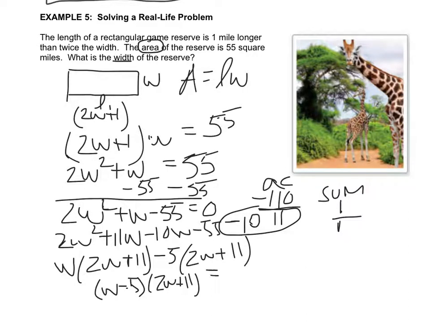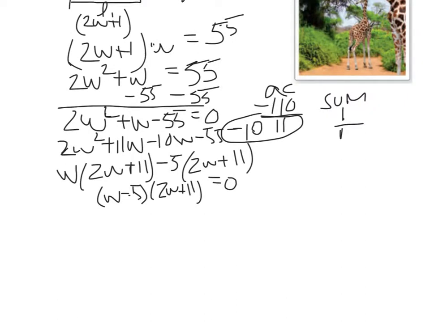So remember though, this all equals 0. So this is how we're going to be able to solve this. From here, using our zero product rule, w minus 5 equals 0 would be one solution. 2w plus 11 equals 0 is another solution, or root.